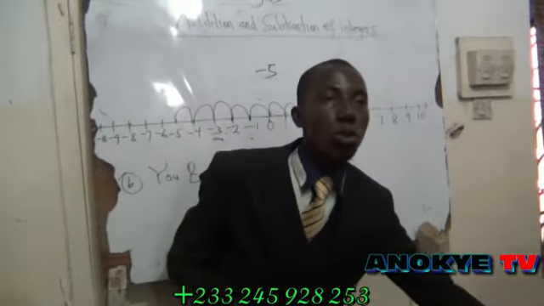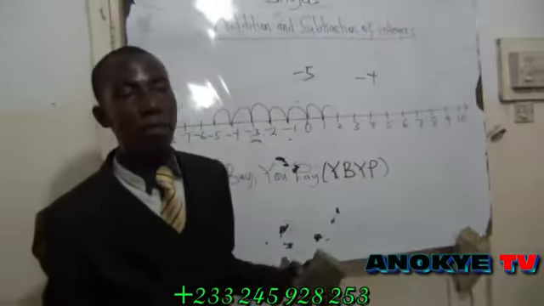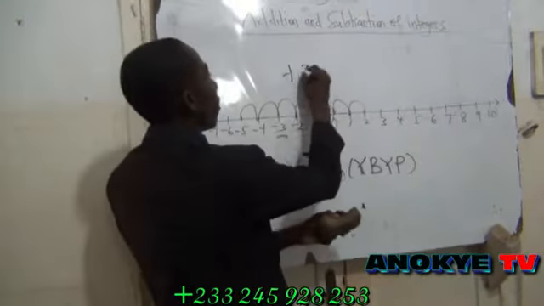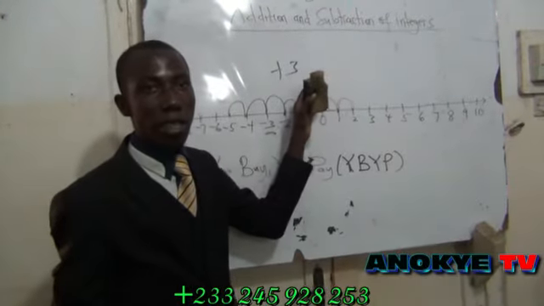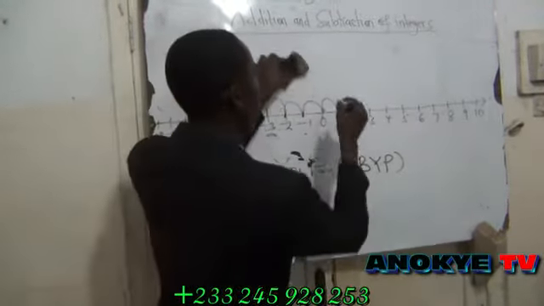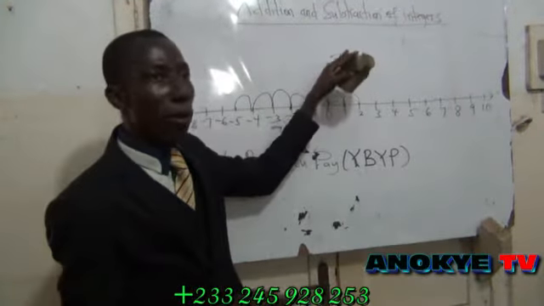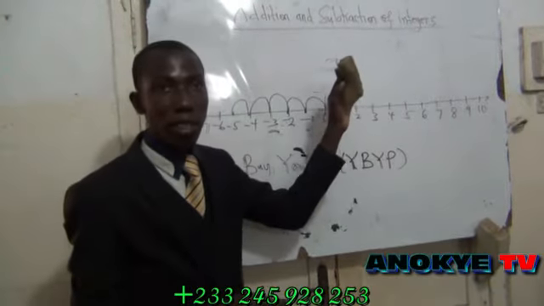Now, to distinguish between positive and negative numbers, we write this to mean that it is positive 3, or in simple terms, just 3. When you write a number without a sign, then we know that it is always positive.